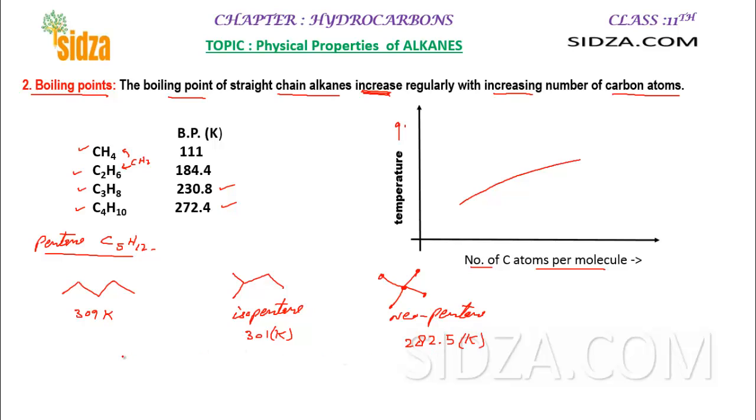That means with the increase in branching, the number of carbon atoms is the same and the formula is the same, C5H12 for all these molecules.